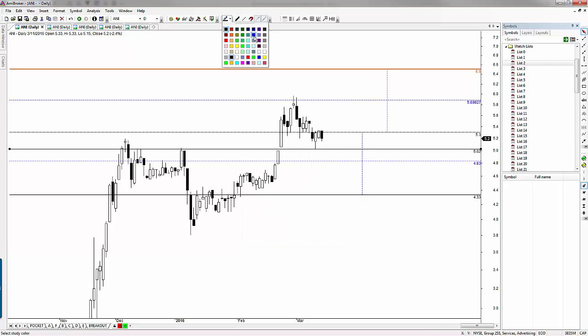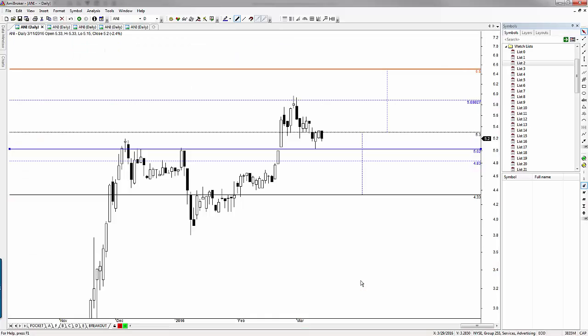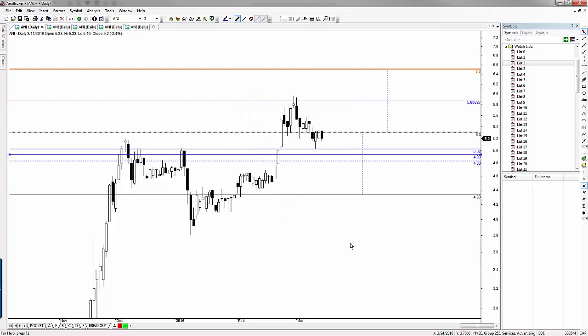And surprisingly, you can see it's trying to hold the line above 502. That's the 34-day mid-range. Our longest volume line is 493, again over the past 34 days.